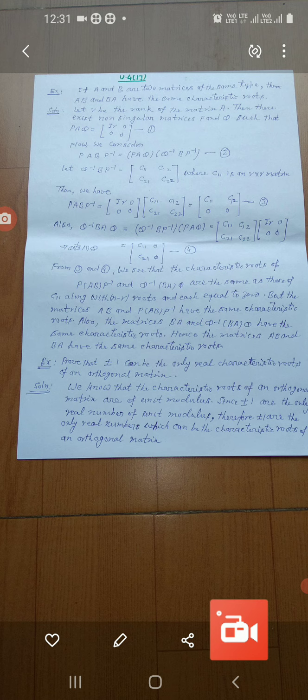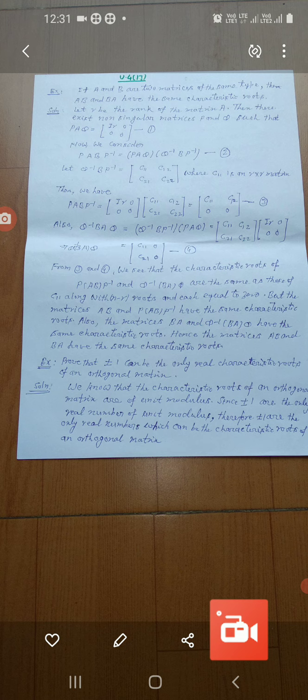Thus we have Q inverse BAQ equal to C11 0 and C21 0. Means after multiplication you will get this, and let it be equation number 4.